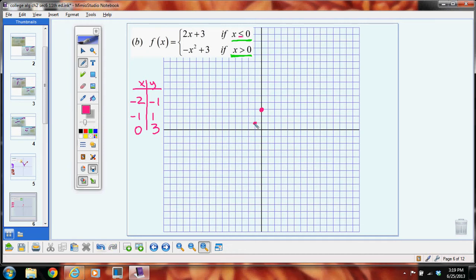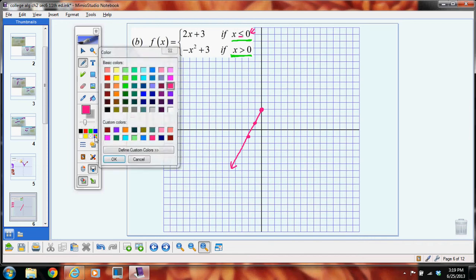When x is -2, y is -1. All right, so now I have the right dots. Now I have to decide, where do I start drawing this graph? Remember, you want to start at 0, where x is 0 is right here, and then follow the dots down.